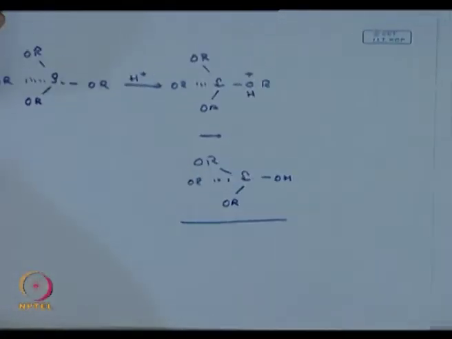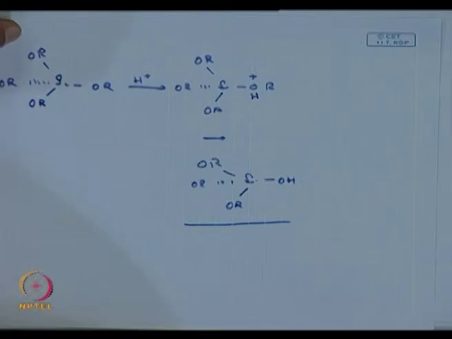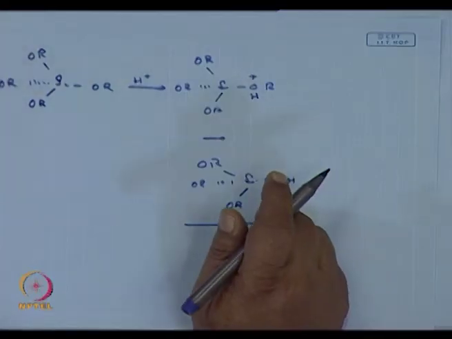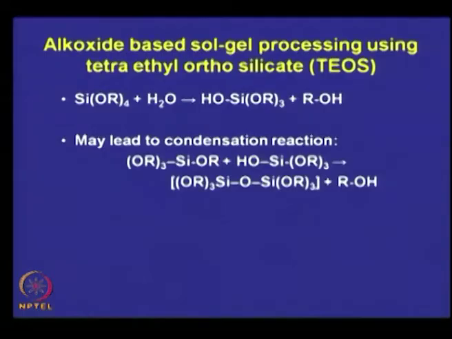which in the case of acid catalysis I will not get. What will happen? As I had shown over here in this slide, they would form condensation polymerization, leading to formation of dimers and tetramers.